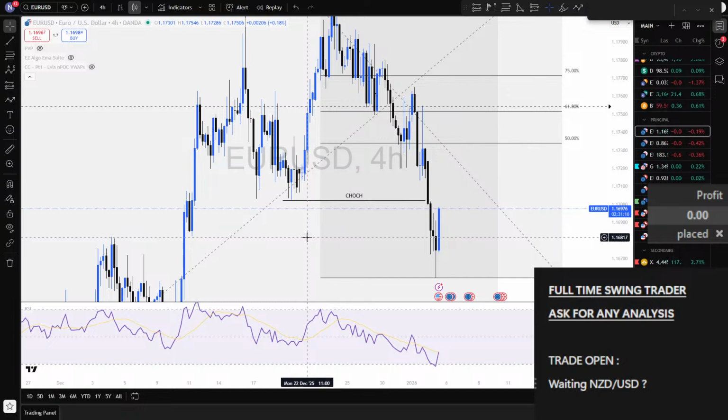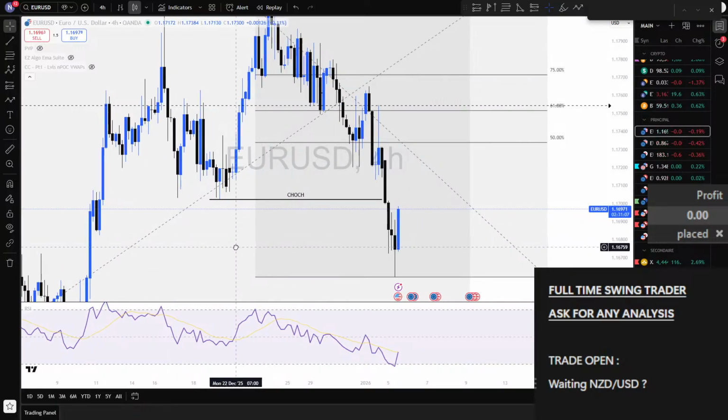I just wait personally for more confirmation in small time frame. But when I do this, my SL is not at the top in high time frame, my SL is gonna be in smaller time frame.